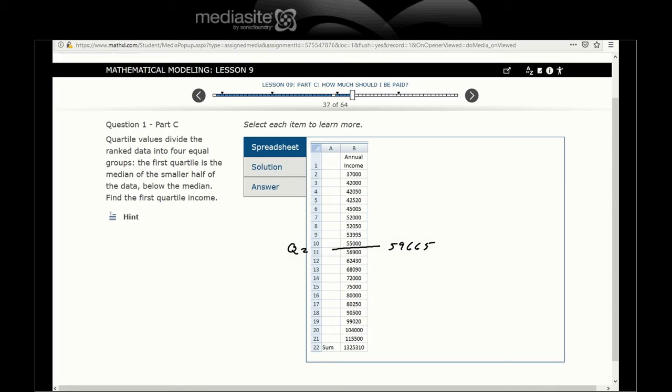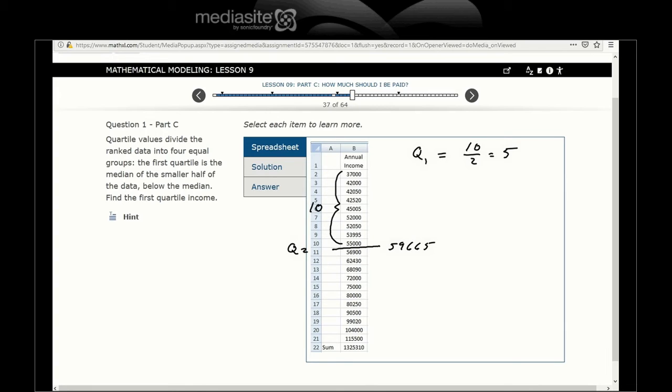Okay, so here we have 10 pieces of data. What's half of 10? So quartile 1 should be located at 10 over 2, which equals 5.